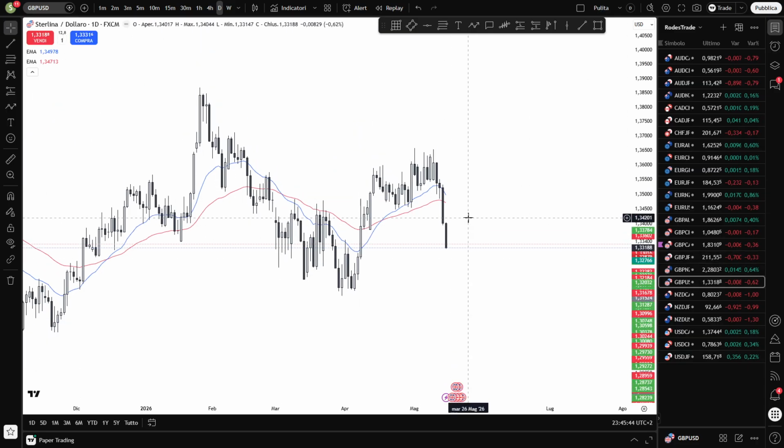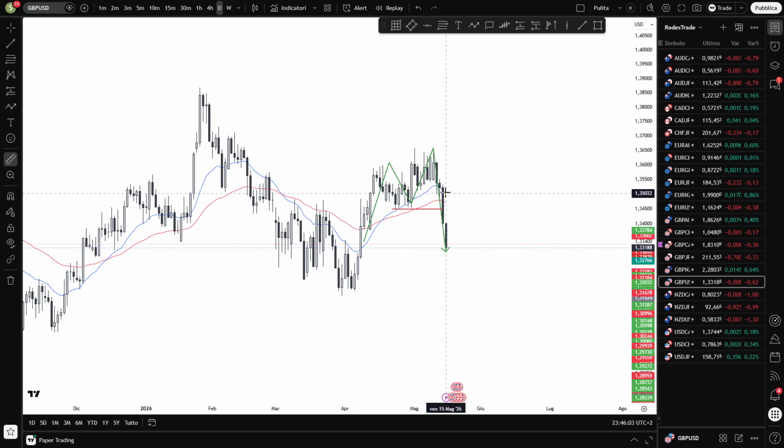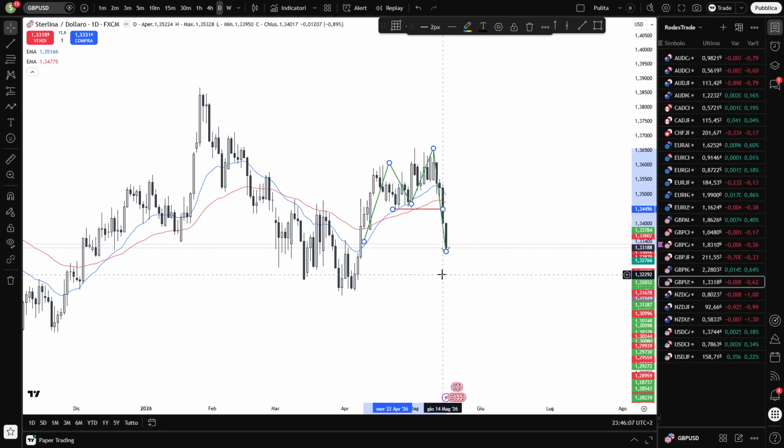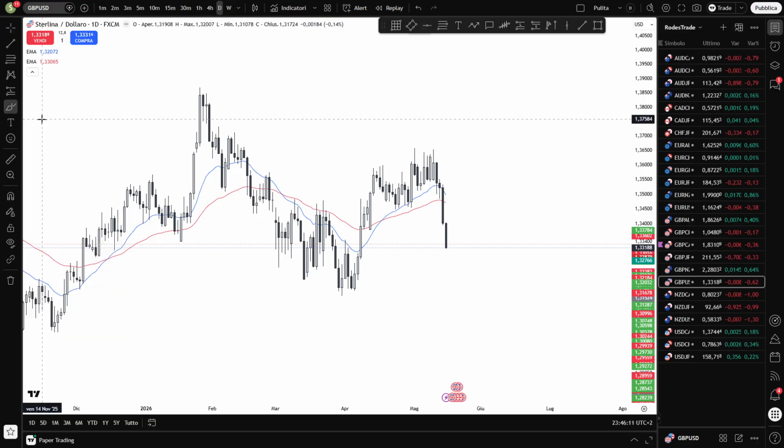GBPUSD, wow, this is very good. Price was going up, then broke down and expanded with a four bearish candle on the downside, and it broke the previous low here. We can see that there are 150 pips. So even this one is a very good possible entry.